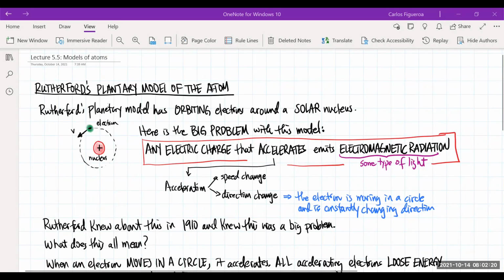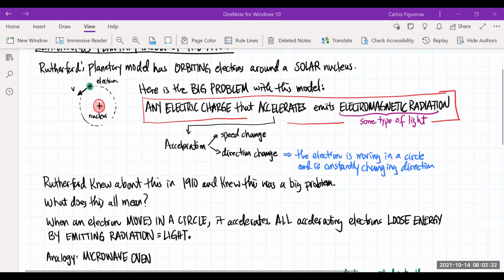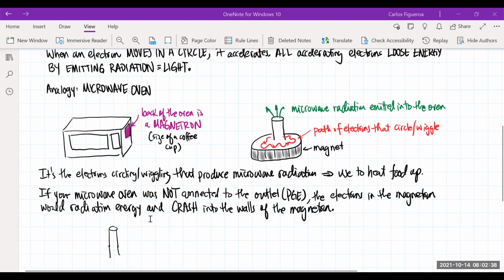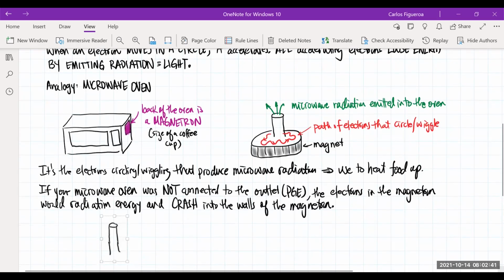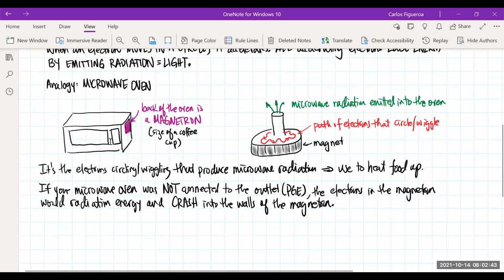And what we said here is that the big problem is that any electric charge that accelerates emits electromagnetic radiation. And since the electron is going around in a circle in the planetary model, it's always constantly losing energy by emitting radiation. To give you a sense about this, we started talking about the microwave. Microwaves have electrons that move in circles, and as they move in circles, they are emitting microwave radiation.